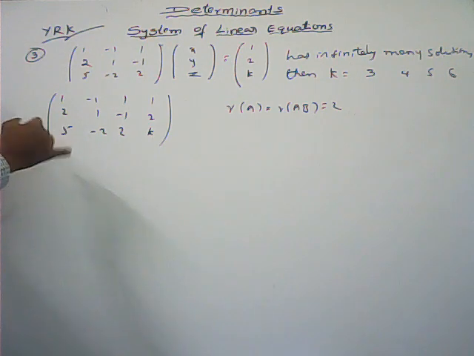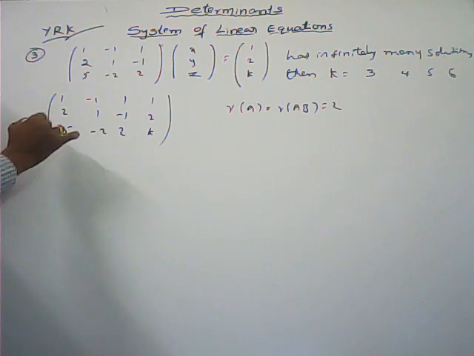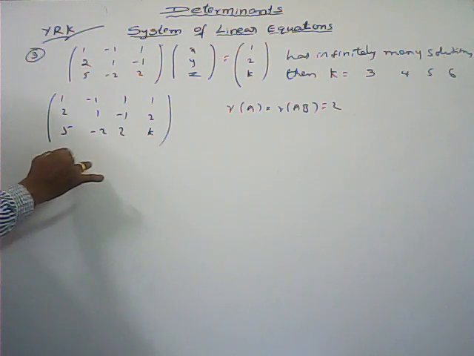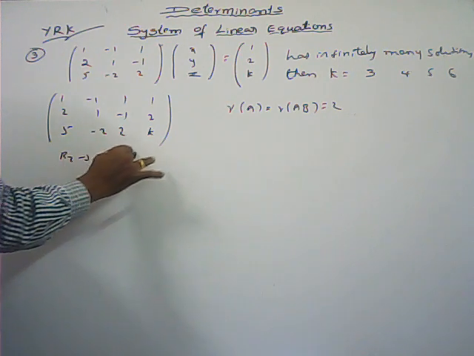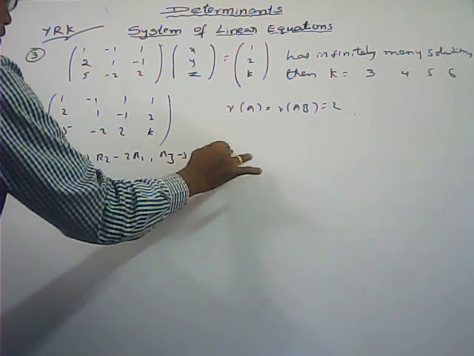So this one I am going to convert into echelon form. By using the leading coefficient, in these two places we should get zeros. R2 goes to R2 − 2R1 and R3 goes to R3 − 5R1.